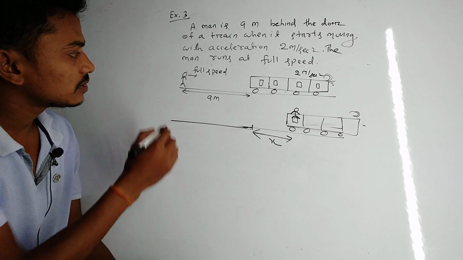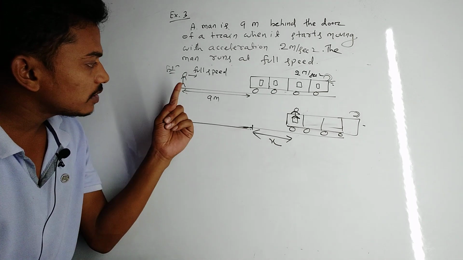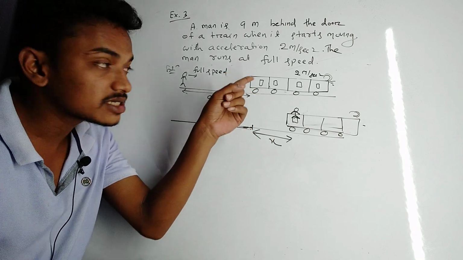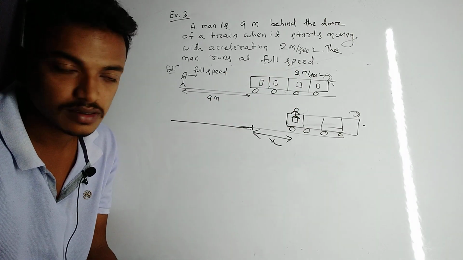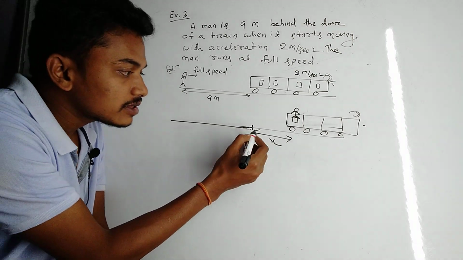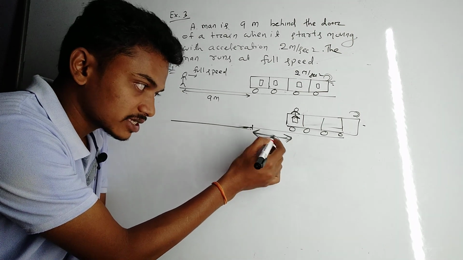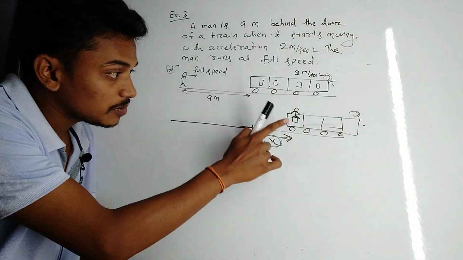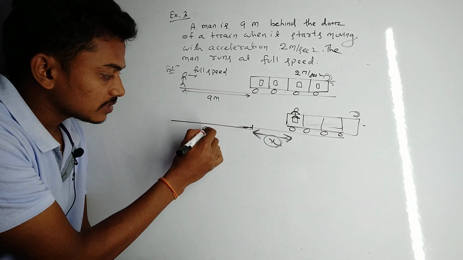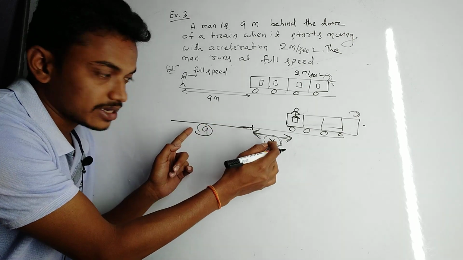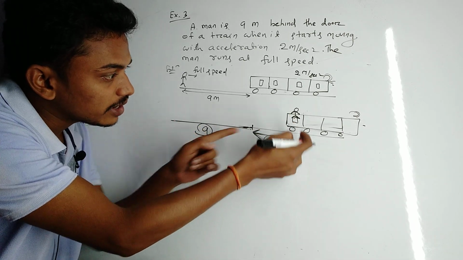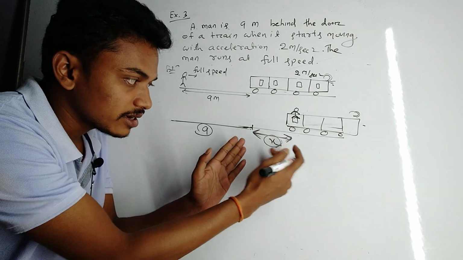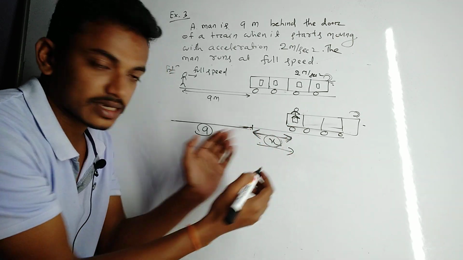Now see the solution. The man was standing 9 meter behind the door of a train when the train starts moving with an acceleration of 2 meter per second square. Let the man get into the train after the train covers a distance of x meter. So the total distance covered by the man is 9 plus x, and the distance traveled by the train at that time is x.